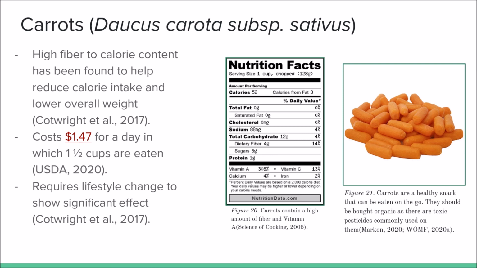The recommended serving is half a cup per sitting, and so if you did that 3 times a day, you get a cup and a half, which costs $1.47. Just like the other two plants, it requires a full lifestyle change to show significant effect, which means you won't see results instantly, which is pretty much expected from most diet-based studies.